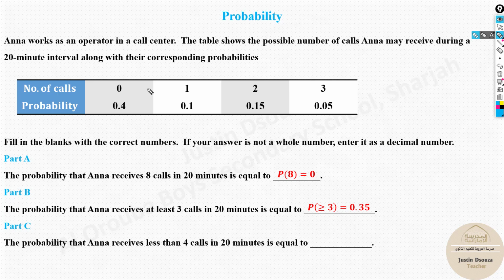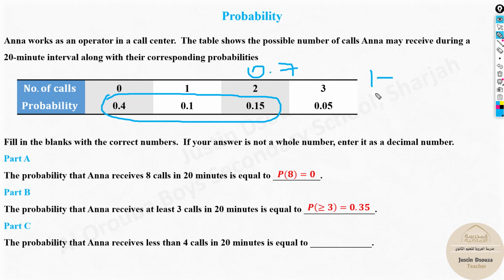Here, what you can do is add these 3 up and subtract from 1. So this is one way to solve it, because look over here at the probabilities 0.4, 0.5, 0.65. Only up to 0.65 is there. That means there are 4, 5 and more, right? It's not mentioned over here.